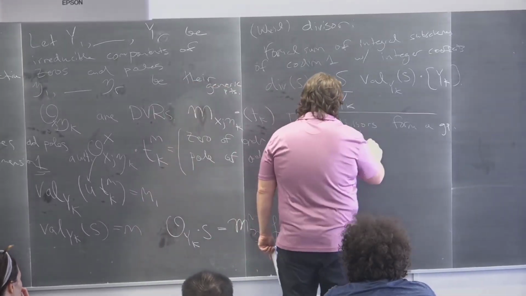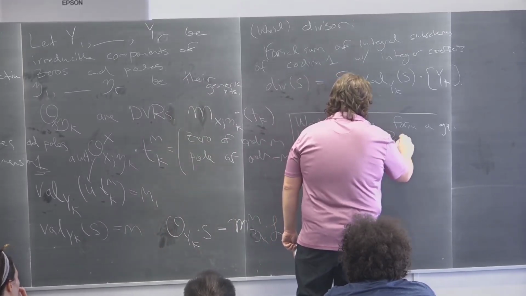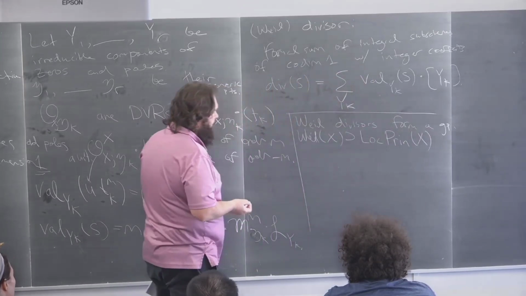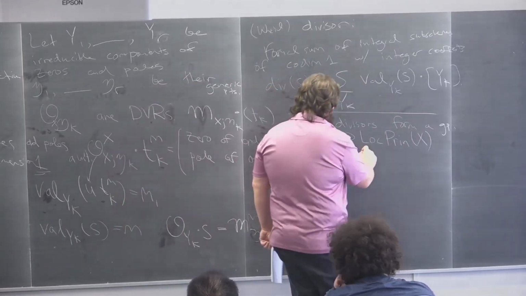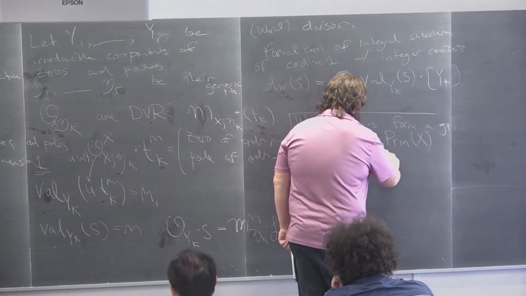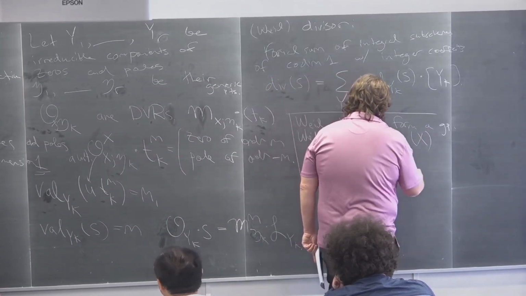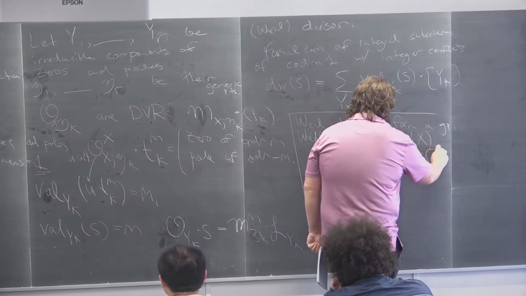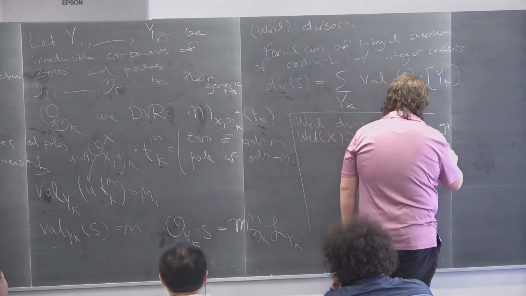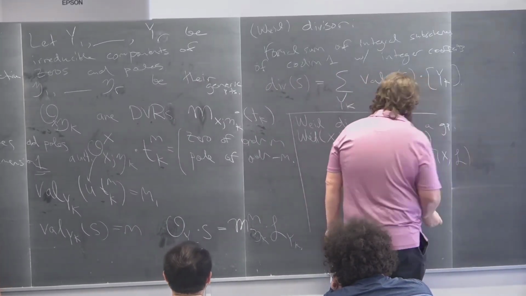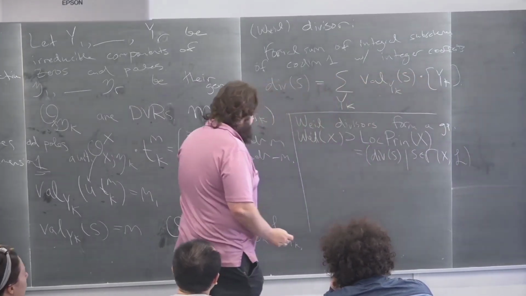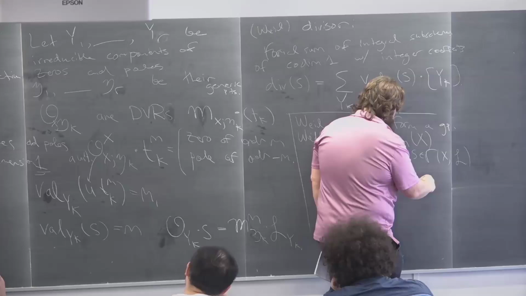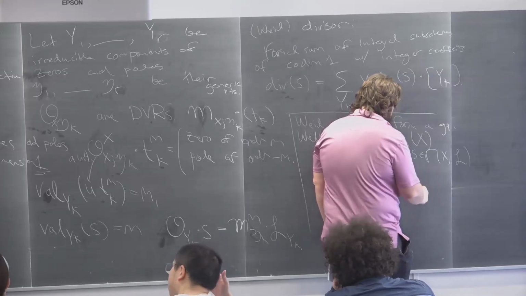So inside here, there's a set of locally principal divisors. But this is the divisor of the form, S a section of a line bundle.